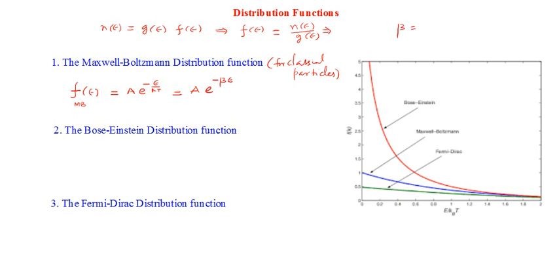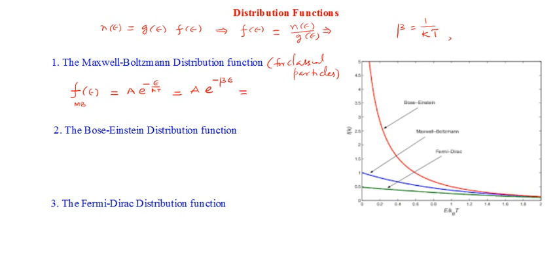In all these distribution functions, wherever we use β, remember β represents an inverse temperature, multiplied with, of course, the Boltzmann constant. So β is equal to 1/kT. That is the thing. So A e^(-βE).